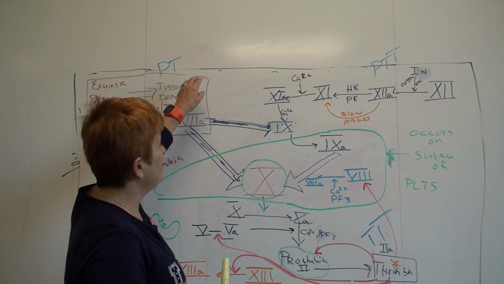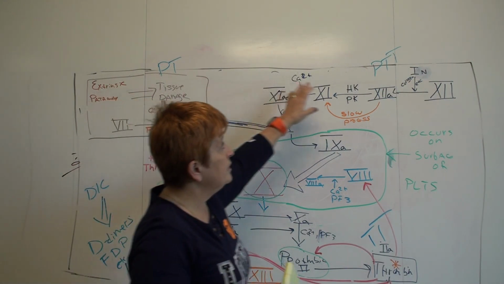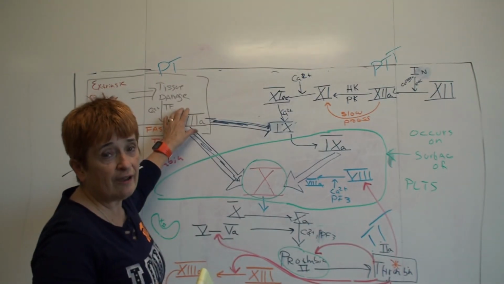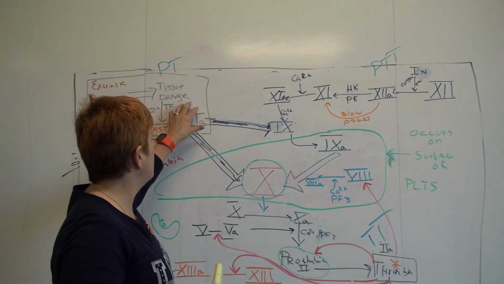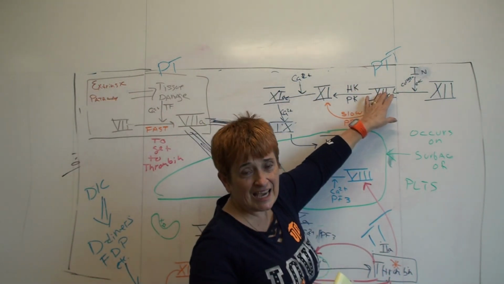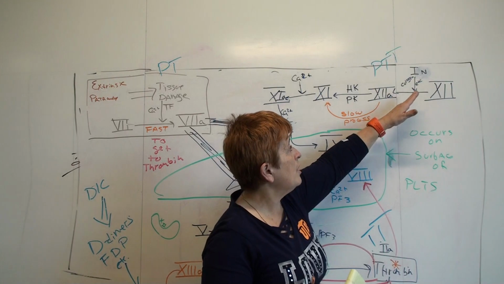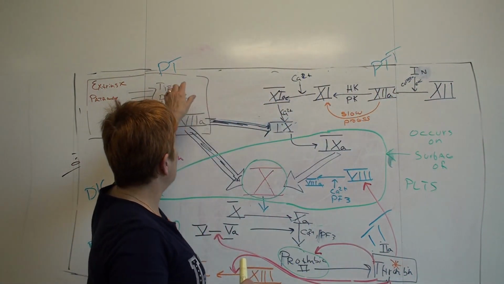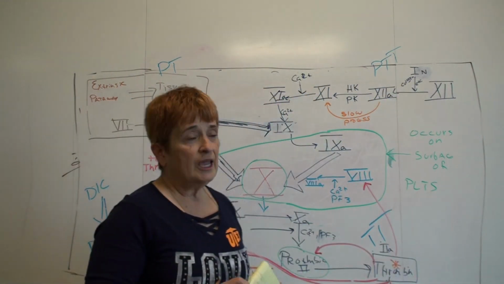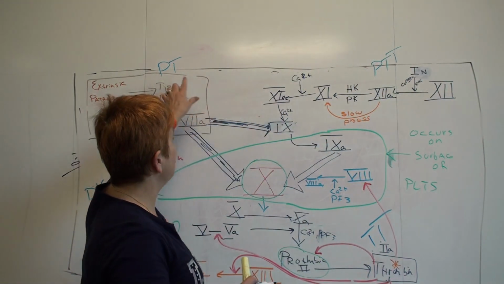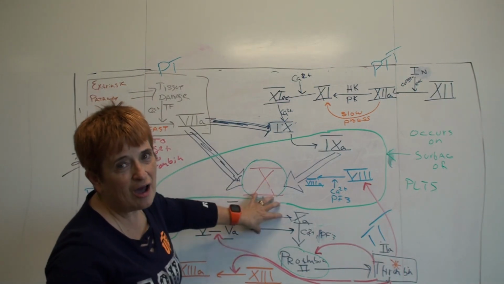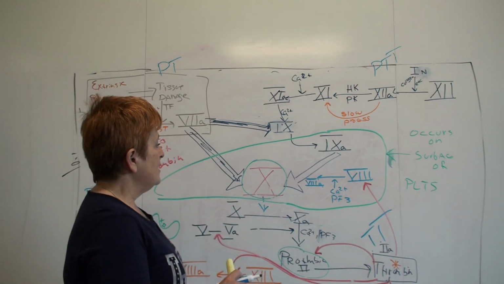All right, so if the PT is prolonged, but the PTT is okay, then I know I have a problem with factor 7 or collagen or tissue factor or something like that. If my PTT test is prolonged, but my PT is okay, then I know I have a problem here. If my PTT and my PT test are prolonged both together, then I know I have a common pathway problem.